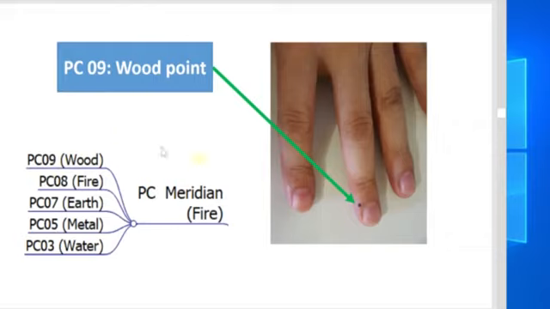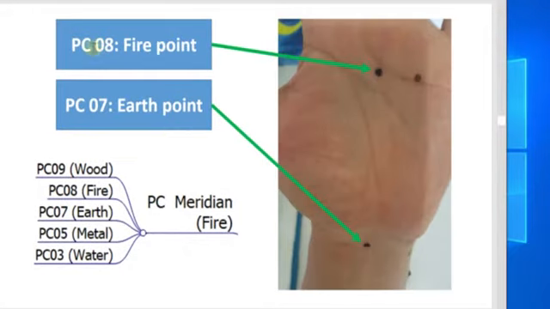The first point is the wood point, PC9. Here, this line and this line cross, PC9. Next one is PC8, which is the fire point here, and PC7, the earth point. How to find this point?